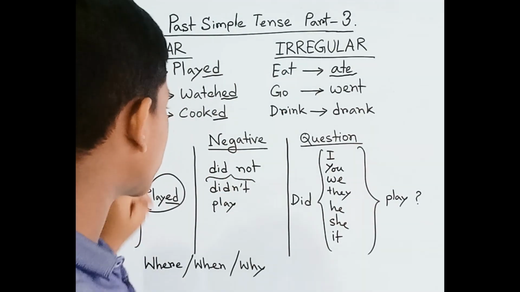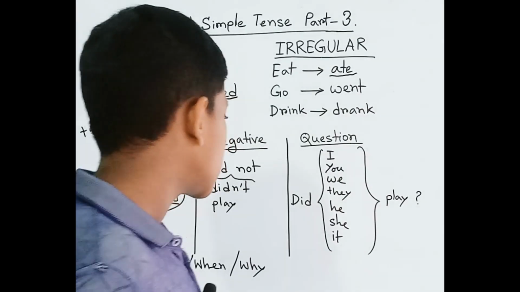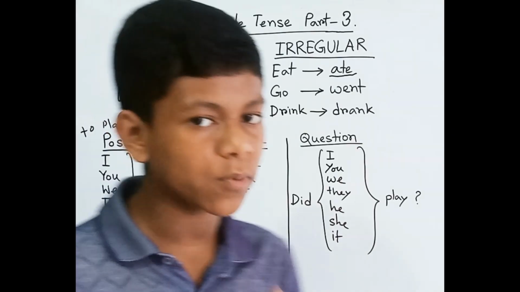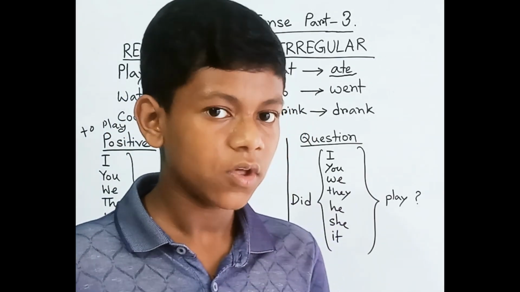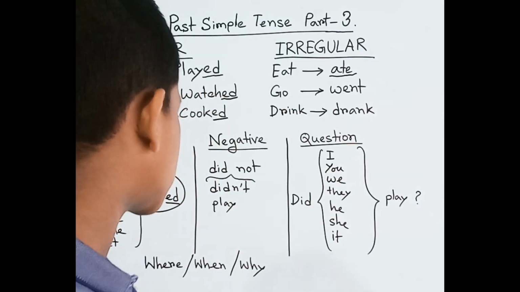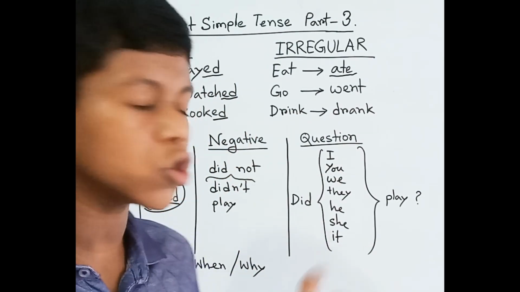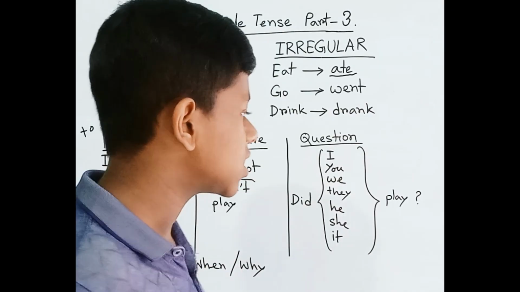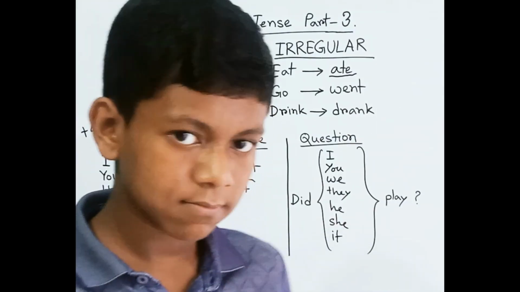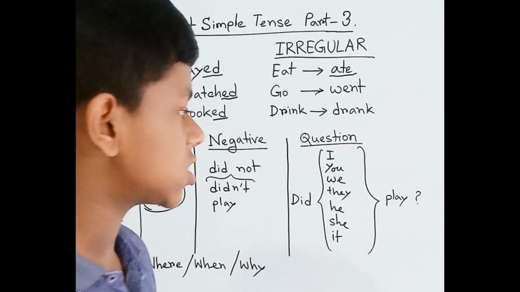Now we have understood the positive, and we should focus on the negative. During the negative, you have to add the helping verb did. Only for the negative you can say did not or didn't, or you can use both. But generally in this time we use didn't. Why?